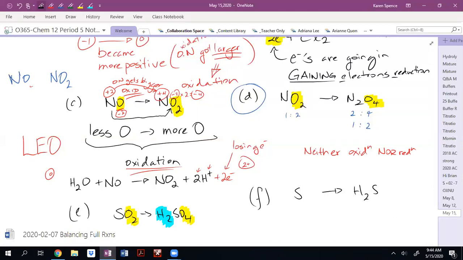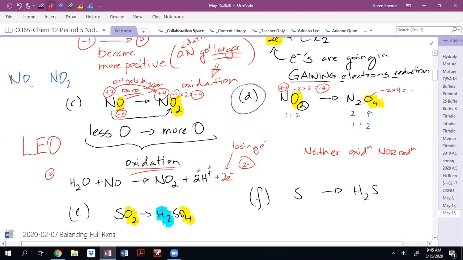But if I want to prove that to myself, I can look and I can say I have 2 oxygens. Oxygen has an oxidation number of -2. So that means the oxidation number of oxygen is -2 times 2, and I get -4 altogether. That means the nitrogen has to be +4. Over on the right-hand side, I have -2, but at this time I have 4 of them.